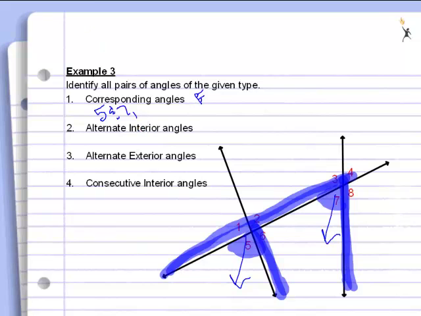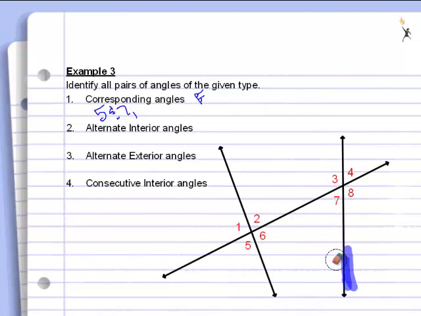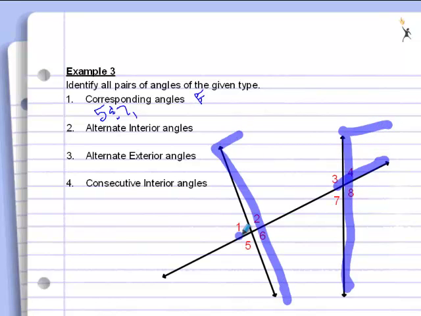I'm going to try and identify more. But first I have to be able to draw another F. Let me erase this a little bit so we can see our diagram better. I need to draw another F. Now I can't draw one over here because I don't have that arm right there. I can't really draw one right here. So those two are out of play.